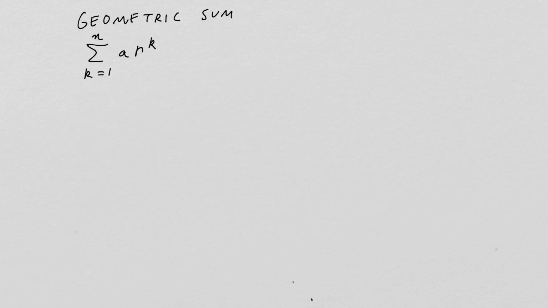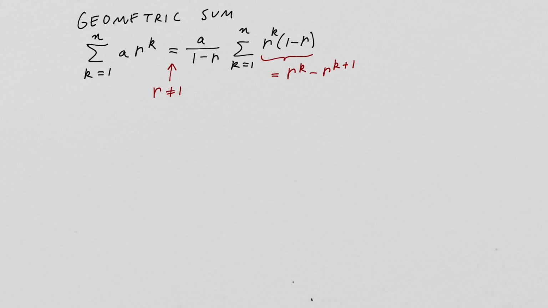Let's obtain a formula for the geometric sum. Well, if r is not equal to 1, we can both divide and multiply with 1 minus r.